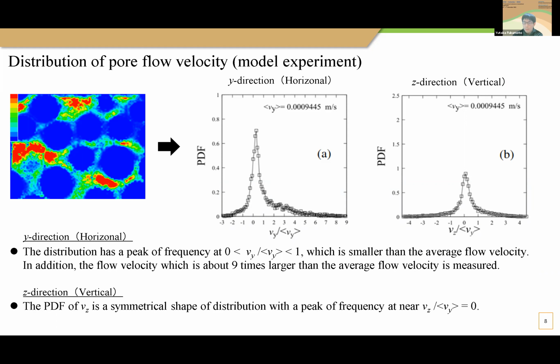In addition, a flow velocity about 9 times larger than the average flow velocity is measured. On the other hand, in the vertical direction of seepage flow, the PDF has a symmetrical shape of distribution with a peak of frequency at near 0.